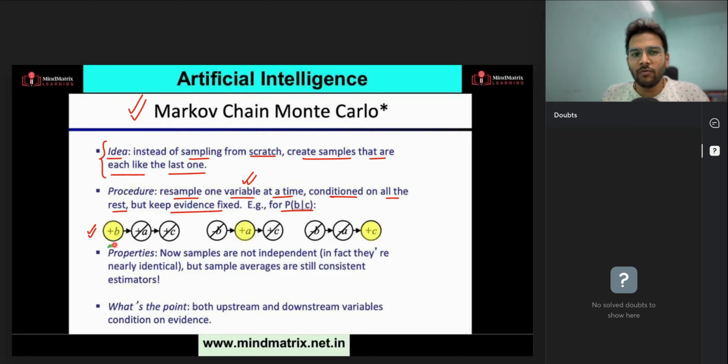As of now we are just considering one variable, so let's say it is plus B, and here it is plus A and plus C. Now once you select one particular random variable, you can select any one randomly, let's say you select B. Now you condition on all the rest, like A and C.